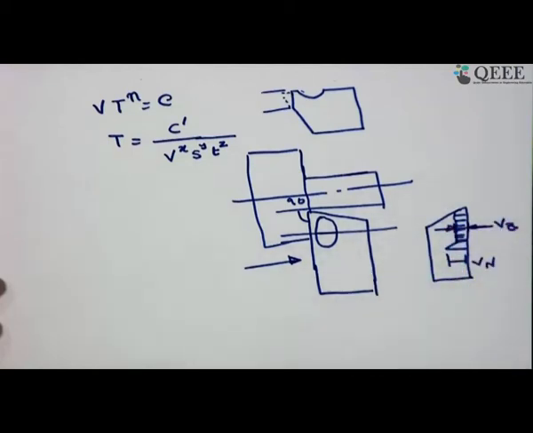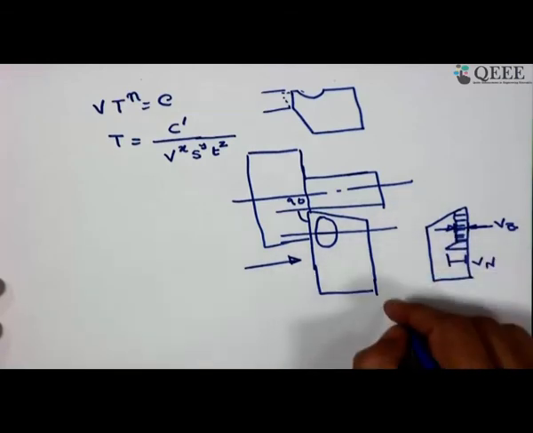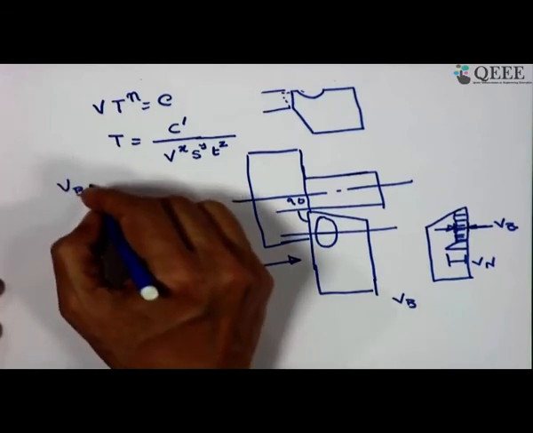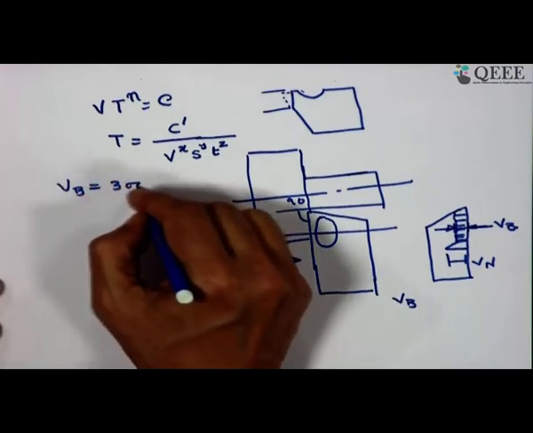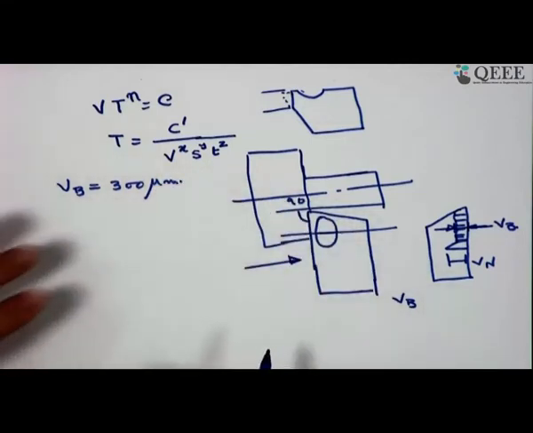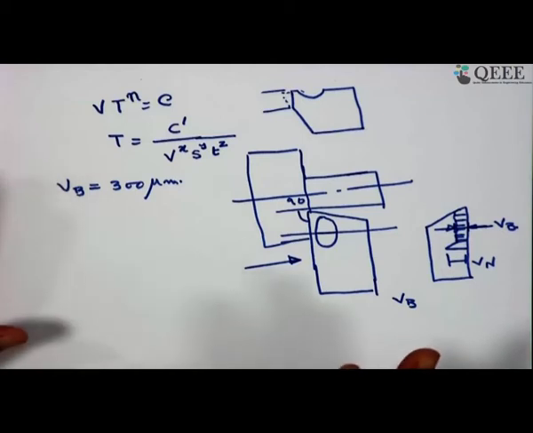Now, when the wear is uniform, more or less uniform all through, you consider the average as V b, and put V B as 300 micron, that is your wear limit, and when this limit is reached, the life of the tool has come to an end.